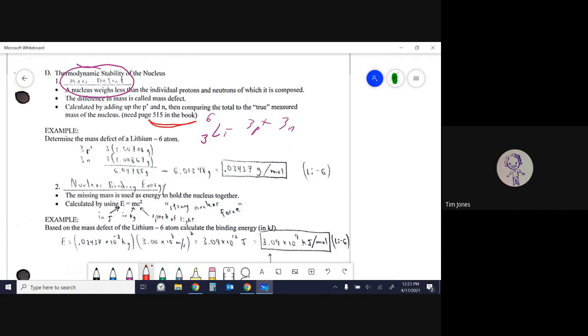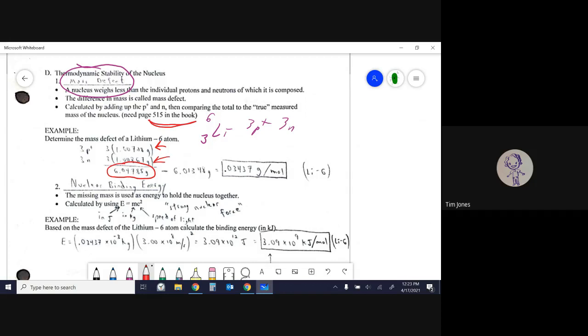And assuming you've looked at it, if you look up the mass of a proton, I have that here, the mass of a neutron, I have that here. Well, in this case, lithium-6, there are 3 of each. If you add it up, this is what the nucleus should weigh. But it doesn't weigh that. It's pretty weird.